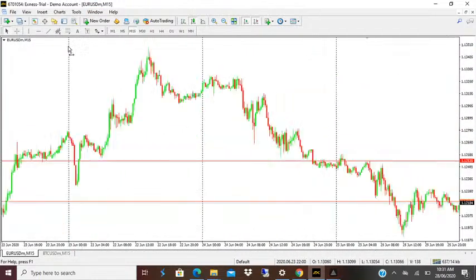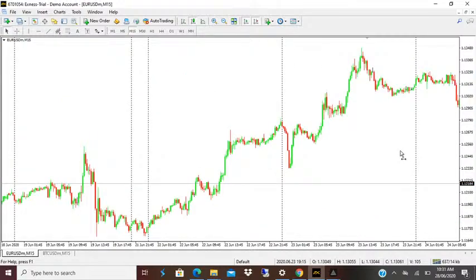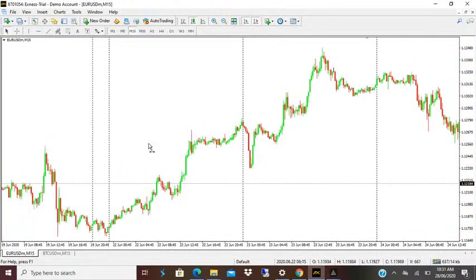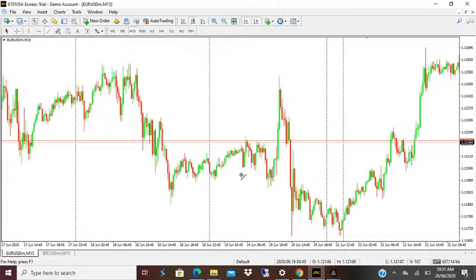Move this line. Okay, let me find a good scenario. So I'm entering here for a buy, and the market has reversed on me, and I'm in a loss.